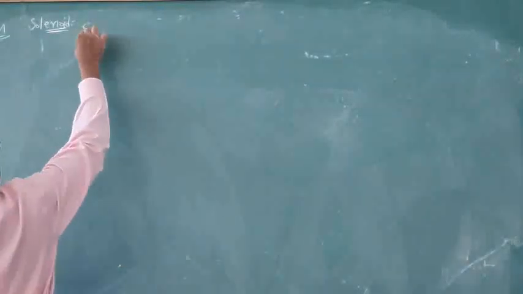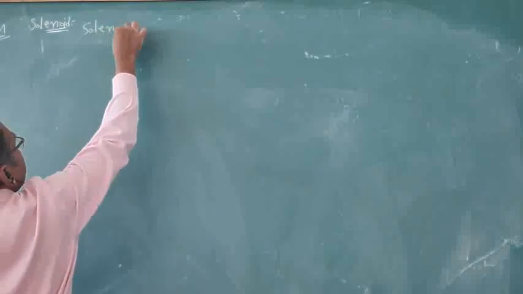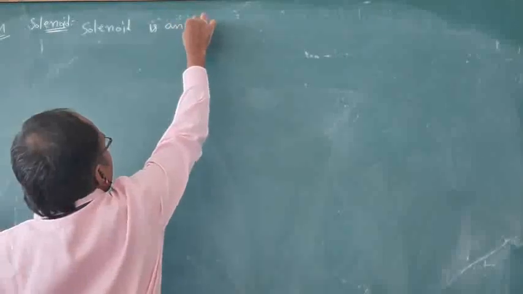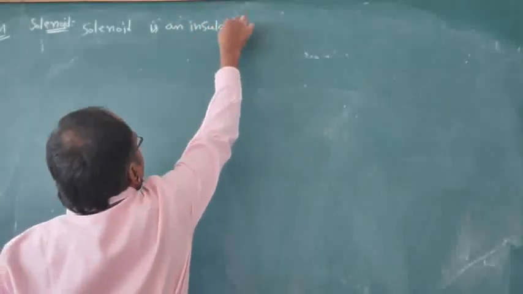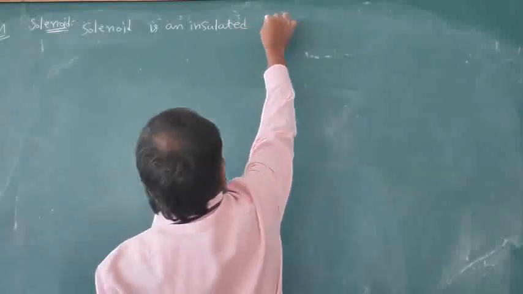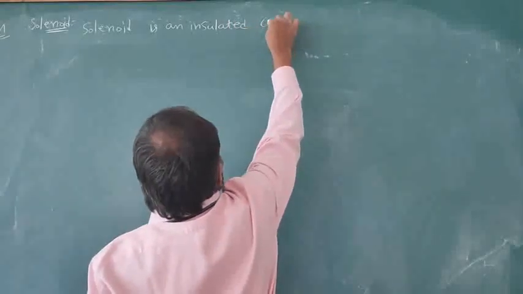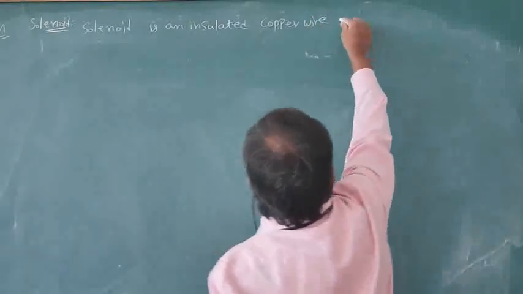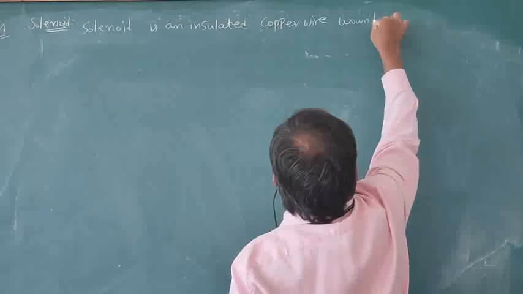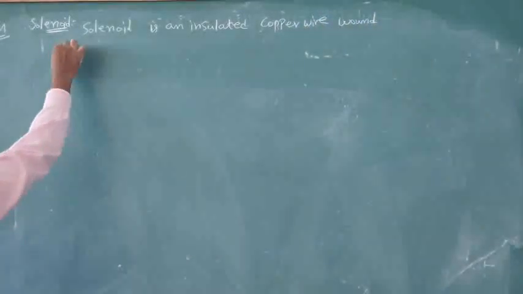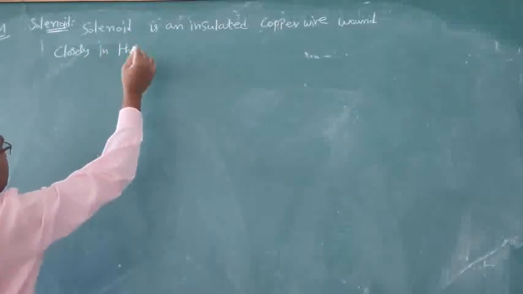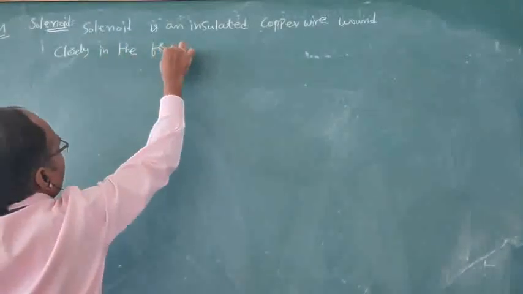Solenoid. So solenoid is an insulated copper wire wound closely in the form of helix.